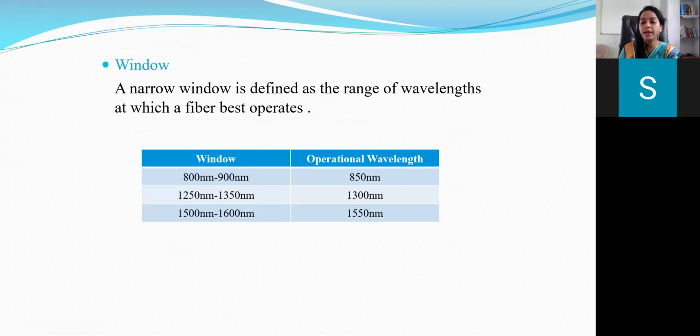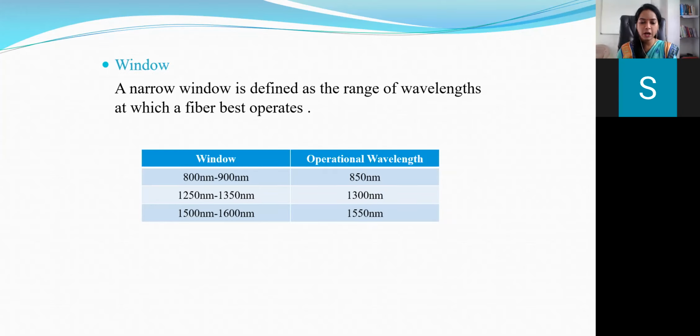Then what is window? A window is defined as the range of wavelengths at which a fiber best operates. Whatever type of cable we use, it has some parameters. Which wavelength will it carry? Up to what frequency will it work? All those things we will have to measure. So here we have a window. Window is nothing but a range of wavelengths in which a fiber optic cable operates in proper condition.